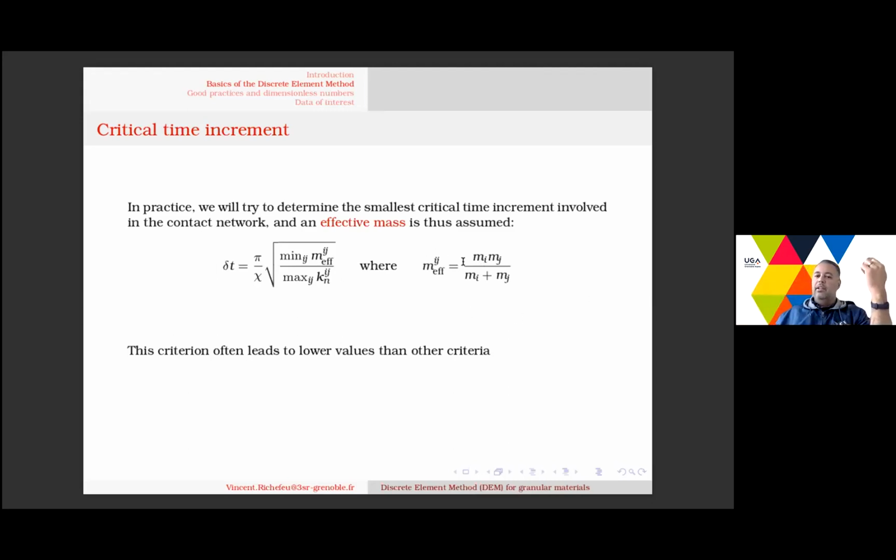So we define an effective mass like this, and here is the formula. This way of finding the time step will find the smallest time step every time. You may also consider the velocity of elastic wave propagation in the packing, but if you use that criterion, the time step will be bigger. So that one is the one which is most often used.